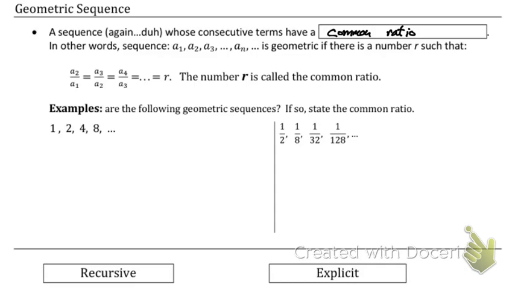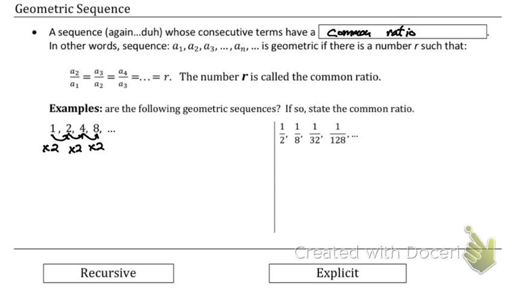So we go back to the drawing board and look: how do I get from term 1 to term 2 using multiplication? Well, that would be times 2. 2 to get to 4 would be times 2. And 4 to 8 would also be times 2. Since you are multiplying by the same number over and over, it is in fact geometric.